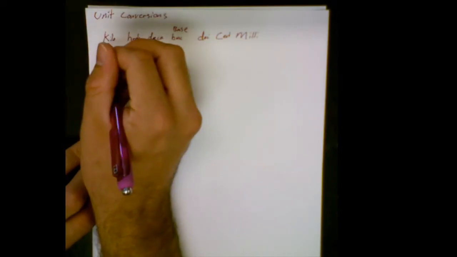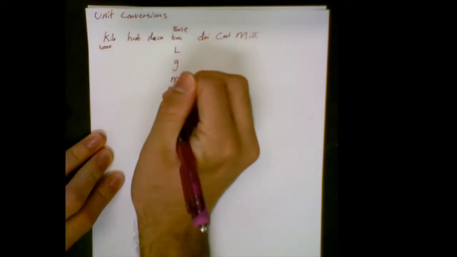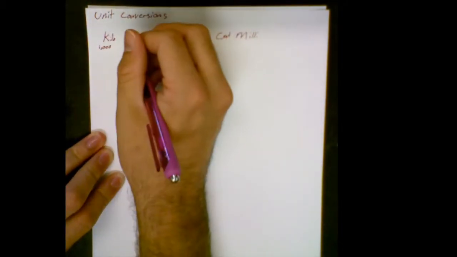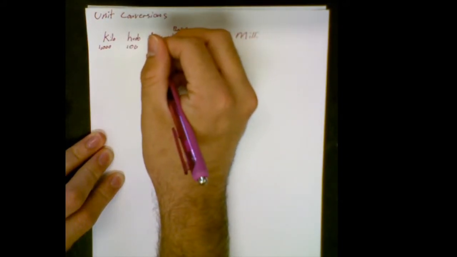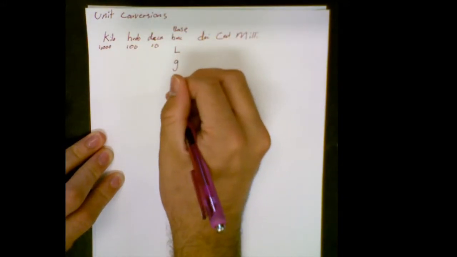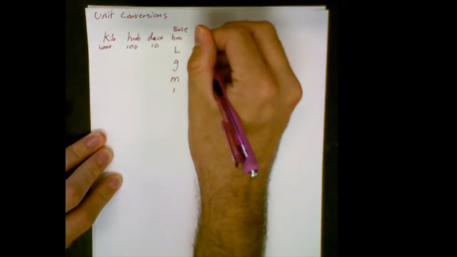When you see kilometer, that means 1,000 meters, or 1,000 grams, or 1,000 liters. Hecto means 100. Deca means 10. Then the base, that's just 1. When you have 1 meter, you have 1 meter. Deci means 1/10.